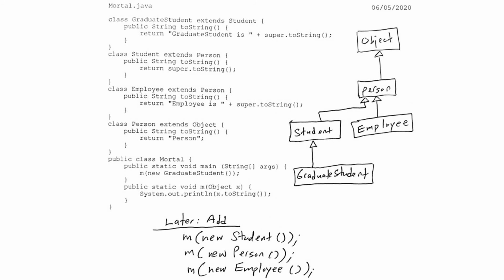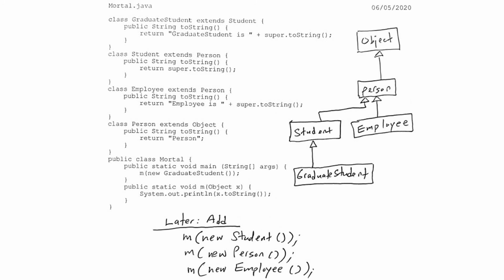At this point, the compiler will say, okay, now I am going to look for the toString method in object X. What is object X? It is graduate student. So the compiler will go to the class graduate student, and we see there is a toString method there. The content is to return a string graduate student.